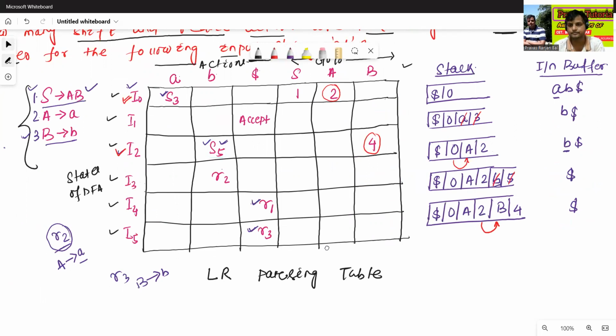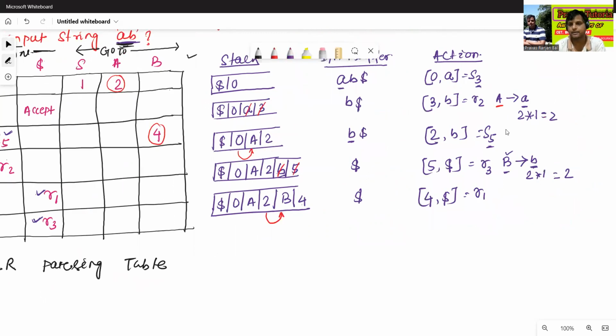So how many elements will I remove from the top of the stack? The RHS part contains 2 elements, so 2 into 2 equals 4 elements. So I will remove 4 elements from the top of the stack: 1, 2, 3, 4.